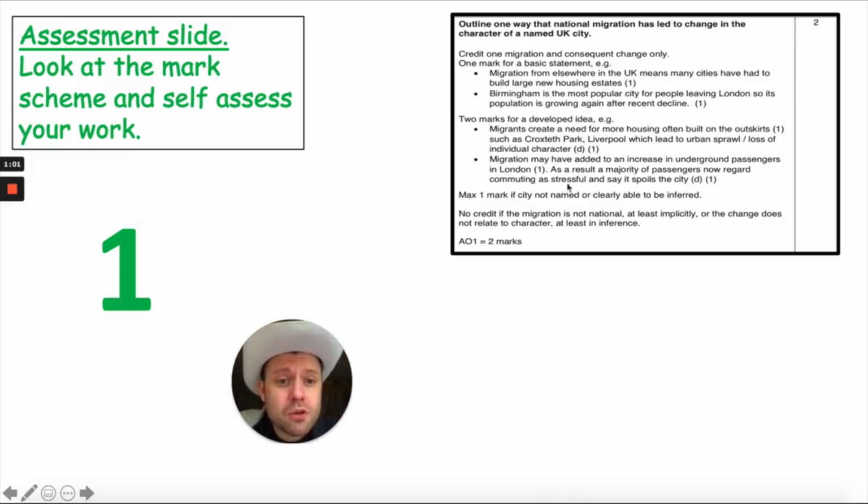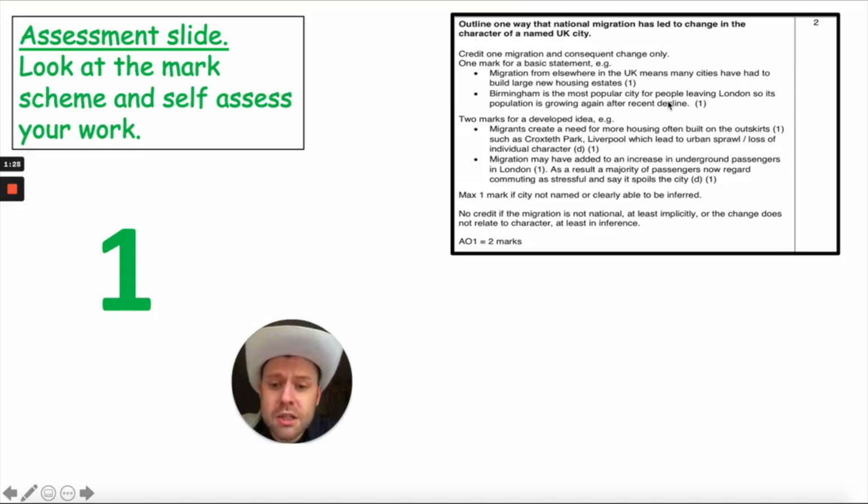Other examples, you could say, as a result of urban sprawl, natural habitats have been destroyed. Other ideas in here are Birmingham is the most popular city for people leaving London, so its population is growing again after recent decline. You could develop that by saying that the local transport infrastructure has had to be developed.